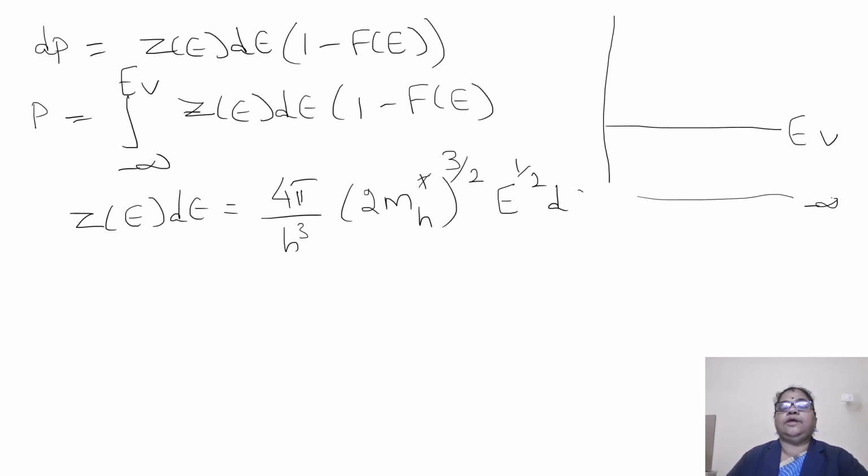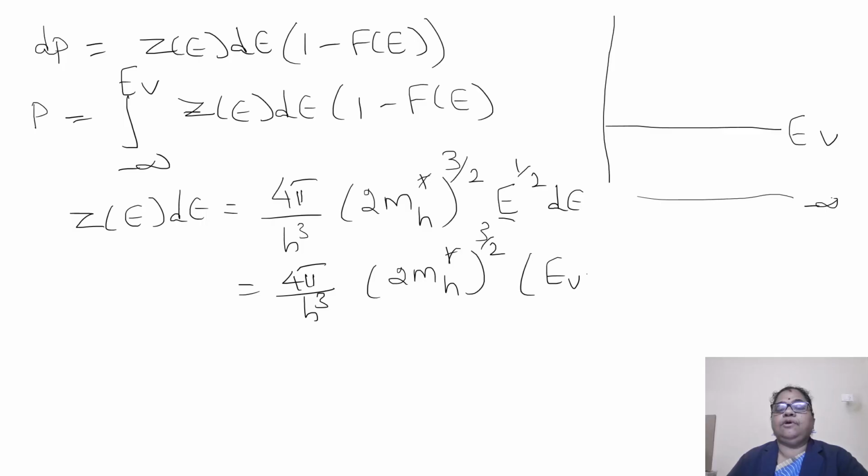Instead of E, we find the difference, so E can be replaced by EV minus E. So it is 4 pi by h cube, multiplied by 2 m h star to the power 3 by 2, multiplied by EV minus E to the power half dE.